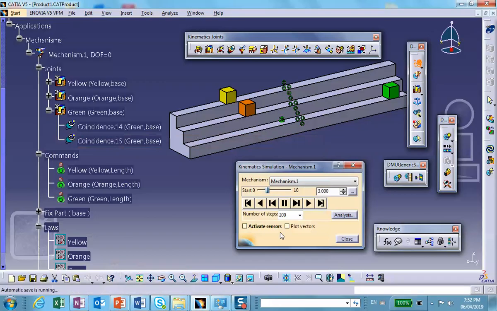Is that what's happening? 3 seconds. There's a problem with this. This is not quite right. You have to find out what's going on, because this should have gone. Oh, sorry. No. Just a second.